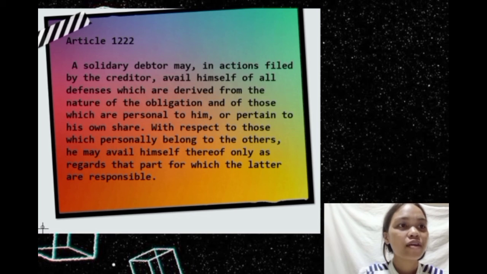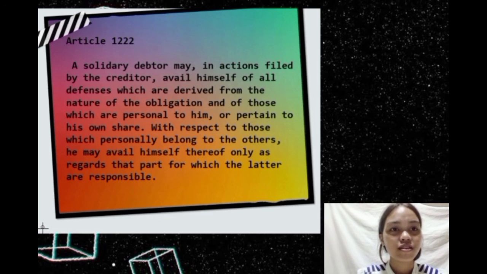The entire debt of Judd and Princess was paid by Dayan. In an action by Kate against Judd, the latter can raise the defense of payment by virtue of which the obligation was extinguished.